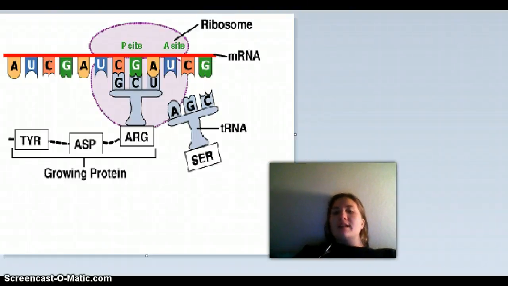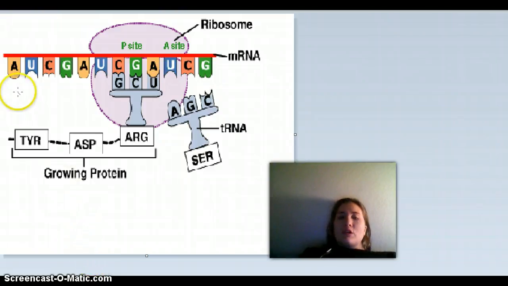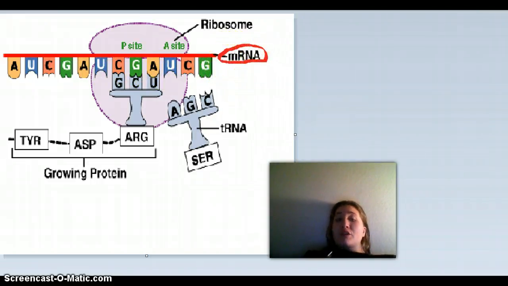Today I'll be talking to you guys about translation and what translation is. So right here is our mRNA strand, and it's going through the ribosome. There are two ribosomes.